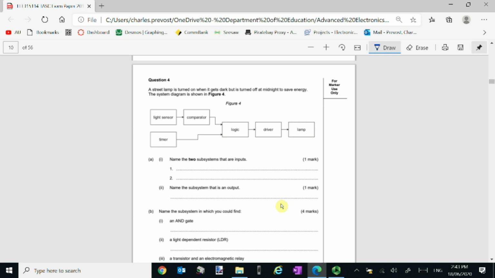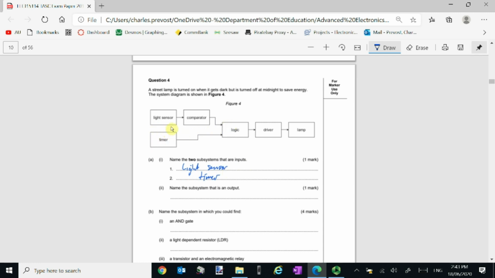So the two systems that are inputs are going to be, they're on the left hand side of this diagram. So there's going to be a light sensor and a timer.